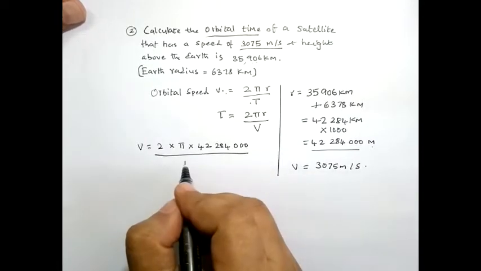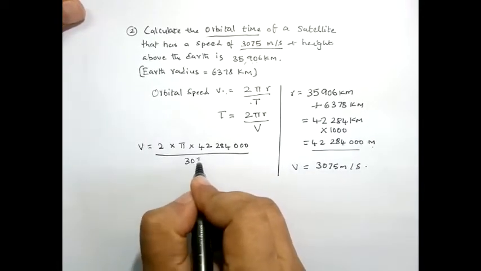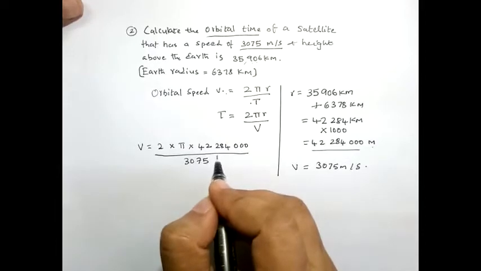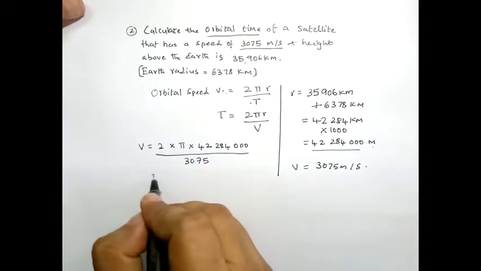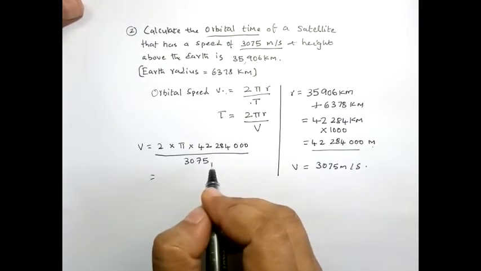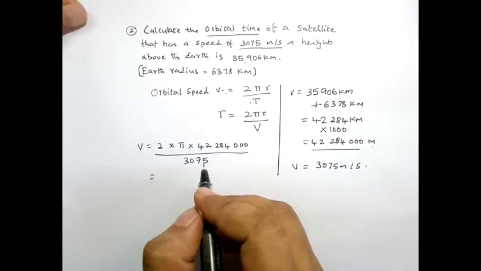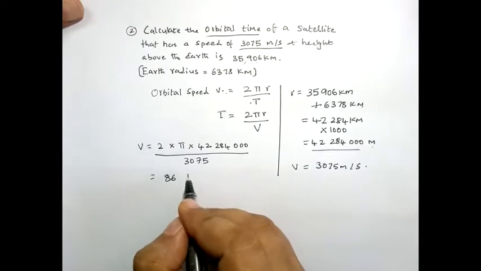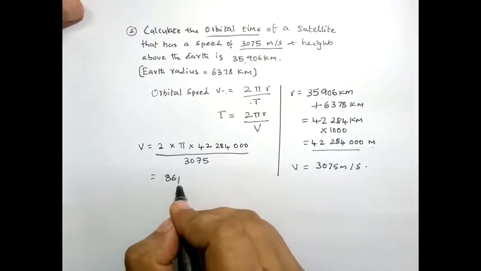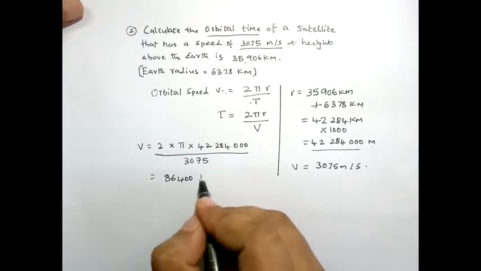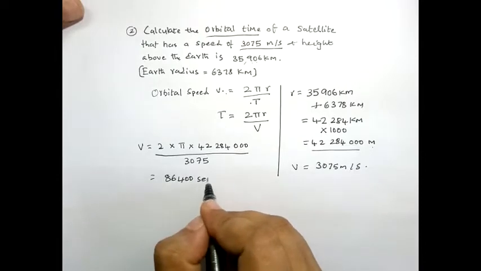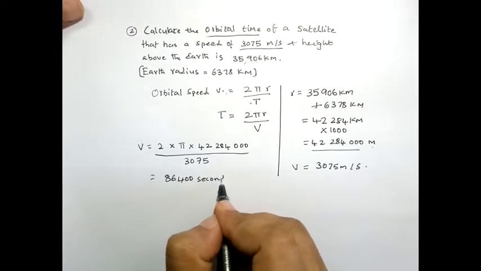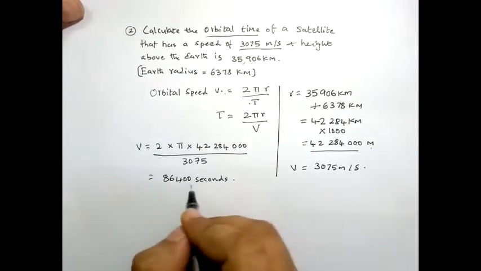So we just substitute directly. That's too easy, right? Then we simplify, and what we get is 86,400 seconds. In seconds, this is the final answer.